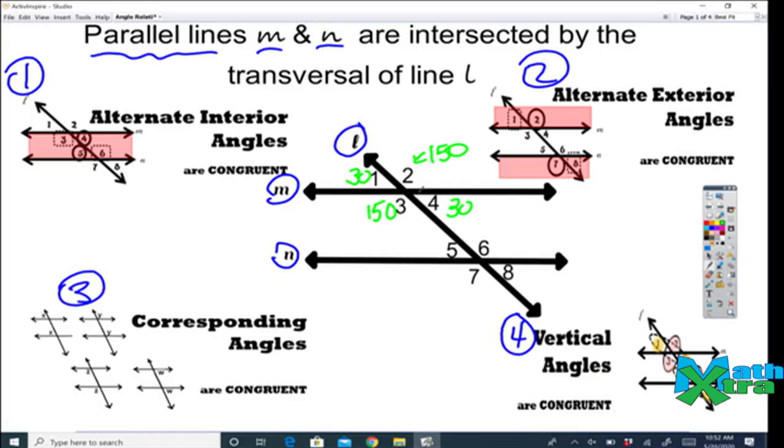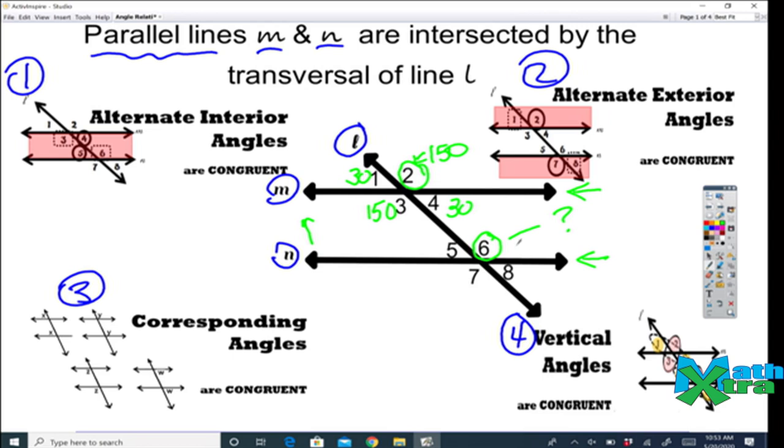As we move down, somebody may say, well, how do I get down here? What about this down here? Well, if you look, line N has the same slope as line M. Therefore, I could technically move line N up, and it will be the same line as line M. So angle 6 right here is the same angle as angle 2.